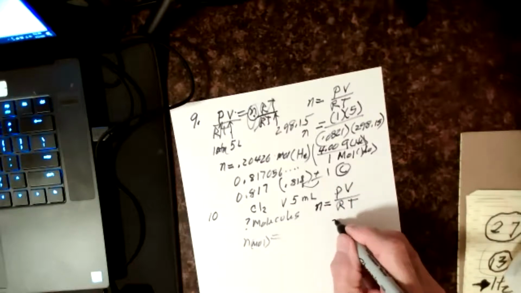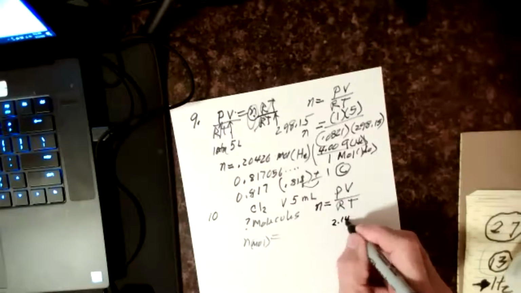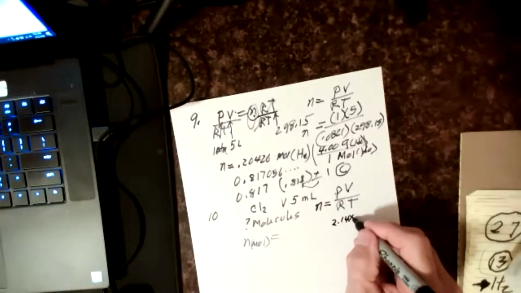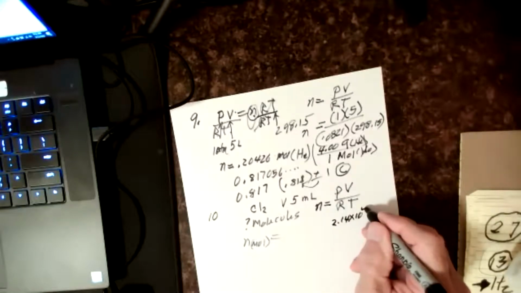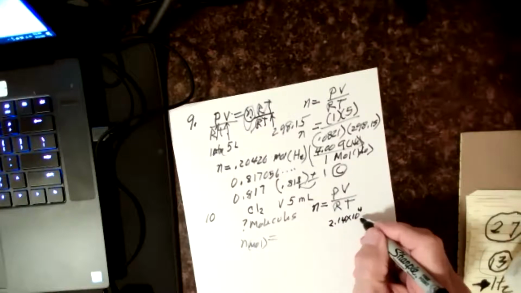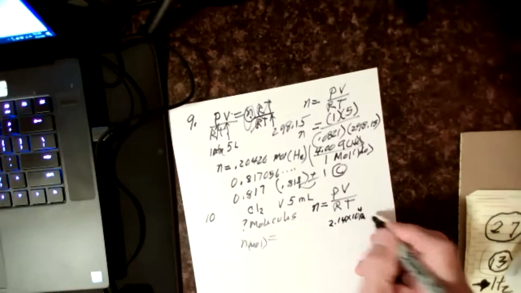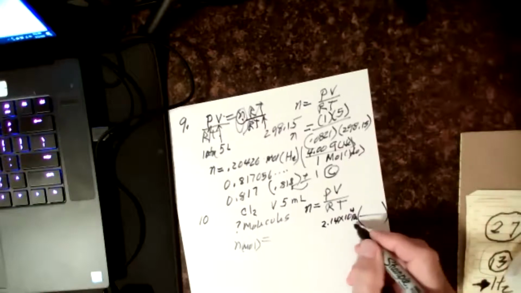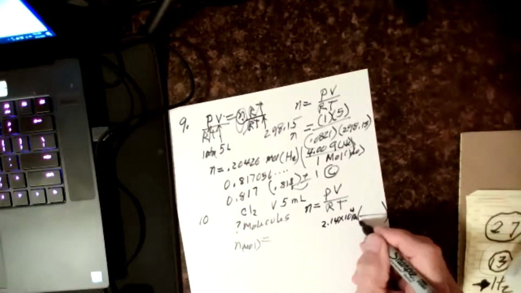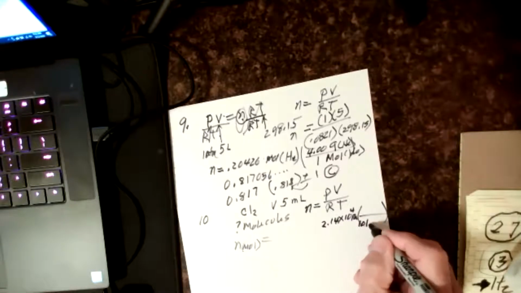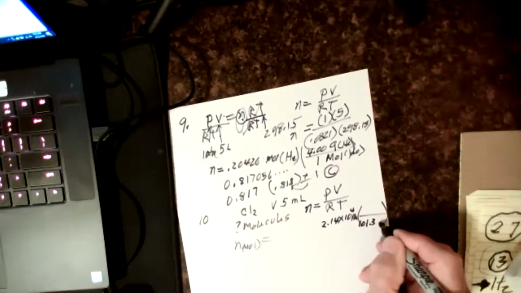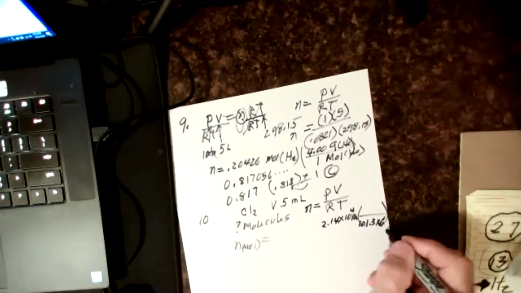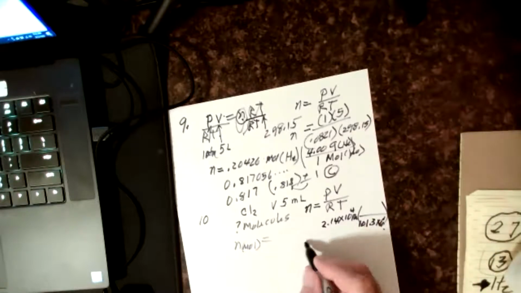Pressure is 2.14 times 10 to the 4th pascals. And 101.3 times 10 to the 3rd kilopascals.